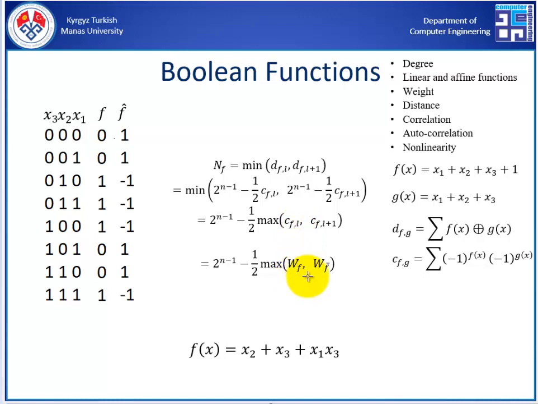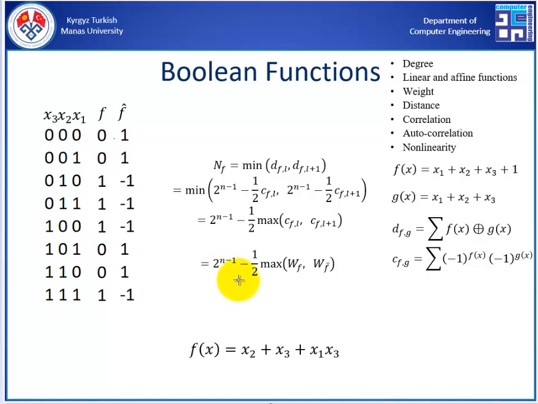And we know that calculation of the Walsh-Hadamard transform can be easily done by either the butterfly algorithm or with the use of the Walsh-Hadamard matrix. Then we just find the maximal value in the vector of the Walsh-Hadamard transform, divide it by 2 and subtract the obtained value from 2 to the power n minus 1.